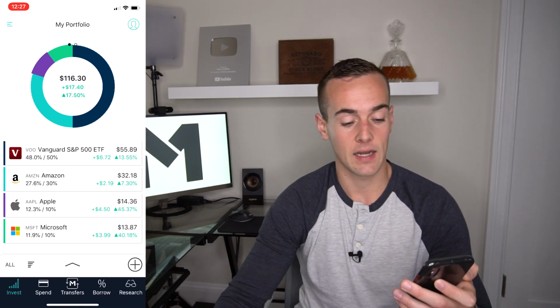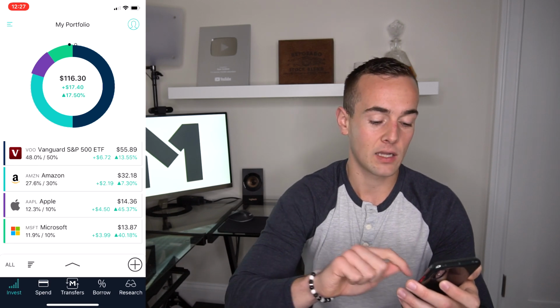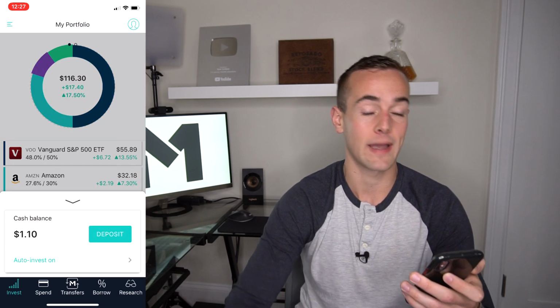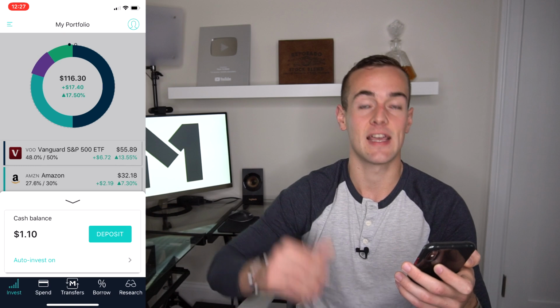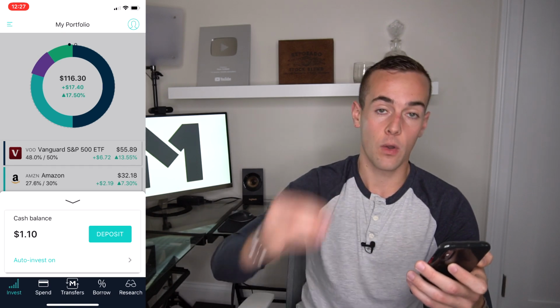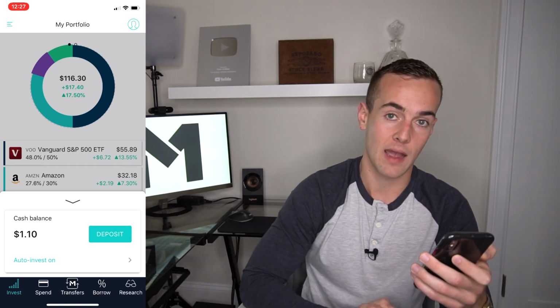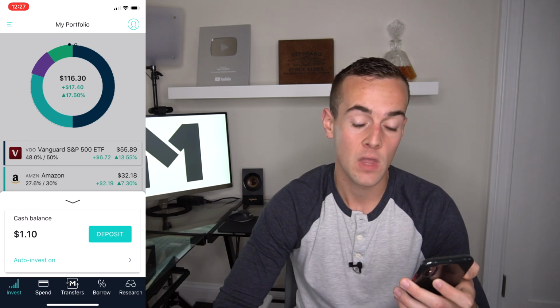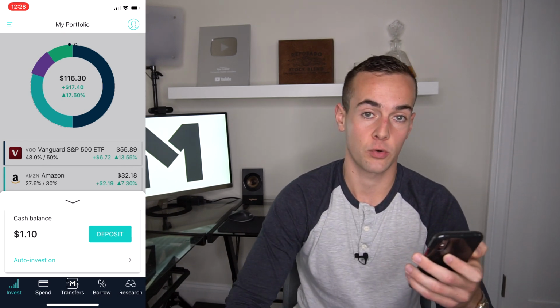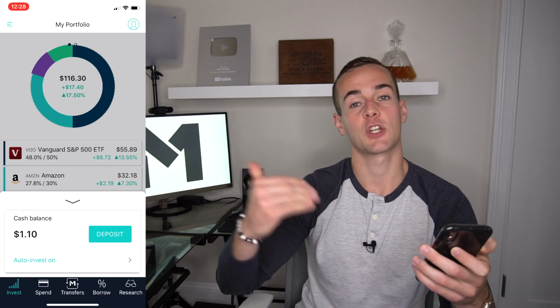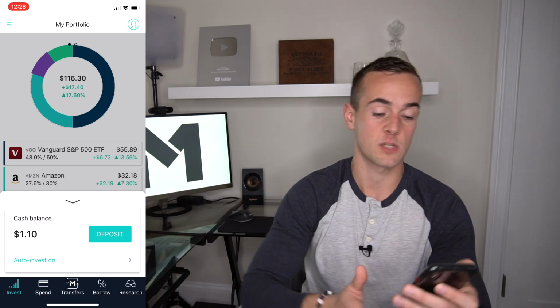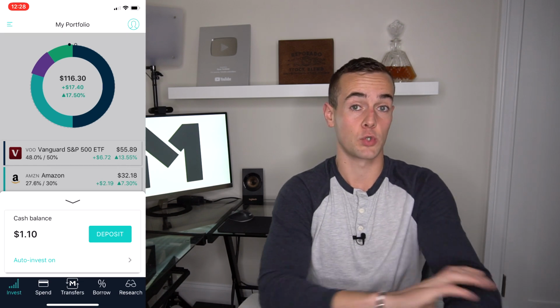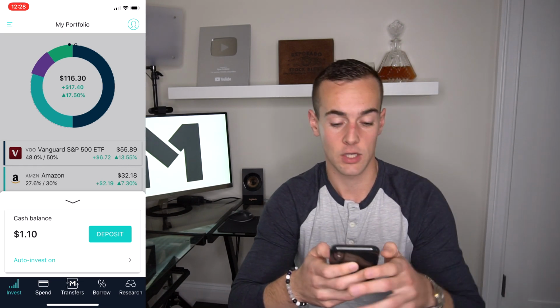So this is a portfolio worth $116.30. Like I said, I started with $100, and if I click on the arrow right here, it shows my cash balance of $1.10 with auto invest turned on. And so what that means is that as I earn dividends, those dividends go towards the cash balance held within my account. And with the auto invest feature turned on, once that cash balance exceeds $10, it's going to be spread evenly across my portfolio, and they're going to try to bring me back to my target allocations.